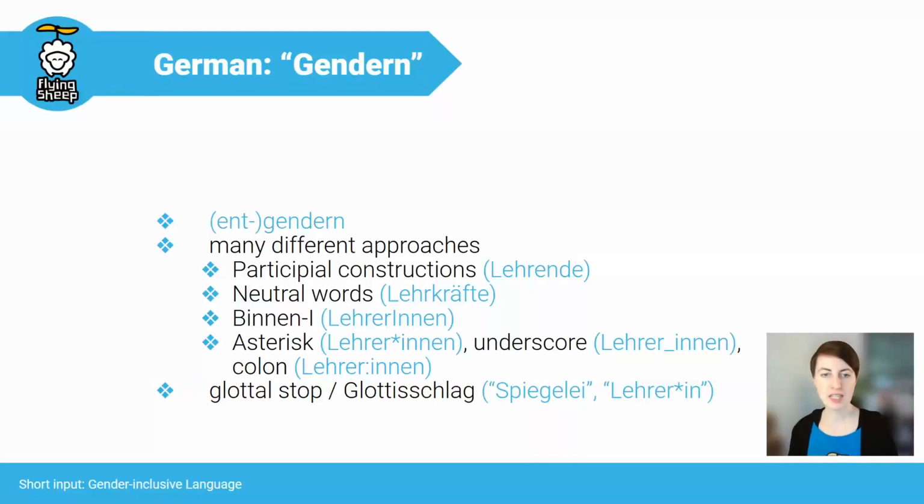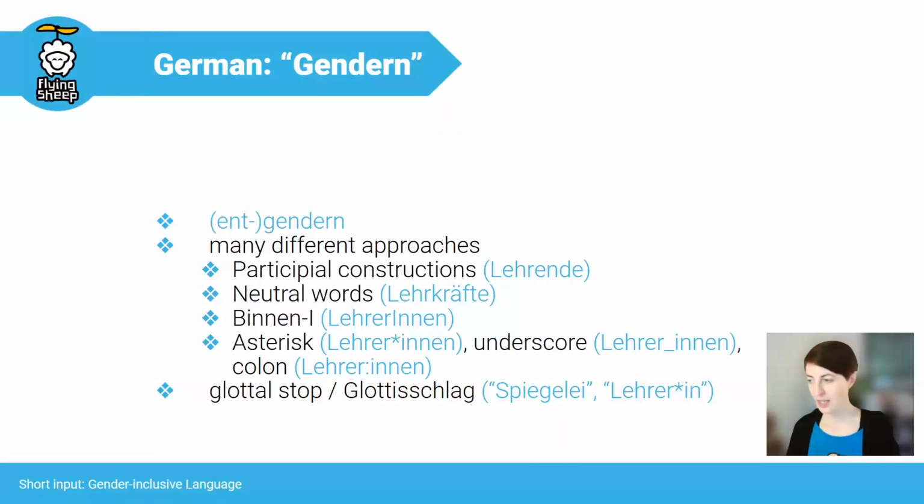When you use these symbols in spoken instead of written language, they are verbalized as a short break or a so-called glottal stop. And this glottal stop is actually used in many different languages for different reasons. And in German, it occurs in words like überall or Spiegelei. So it's actually not entirely new.